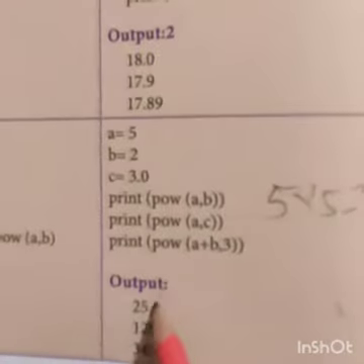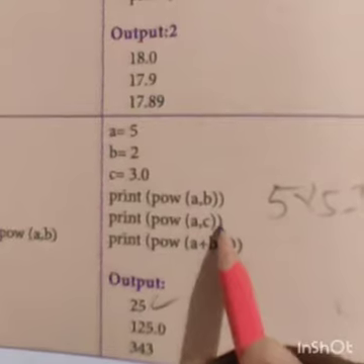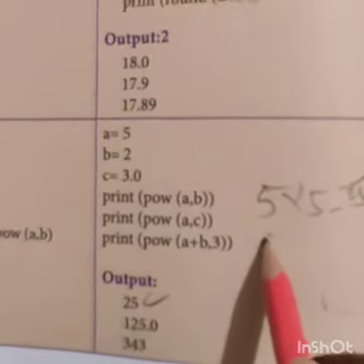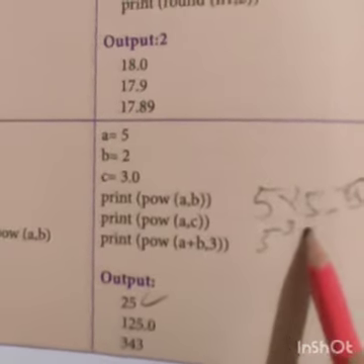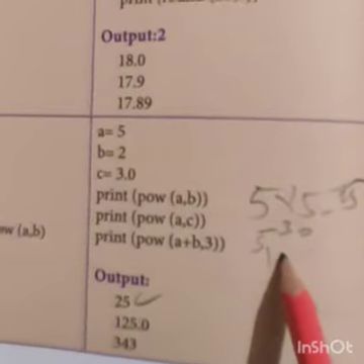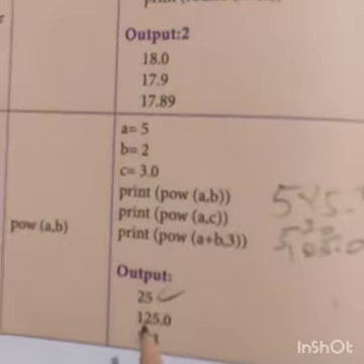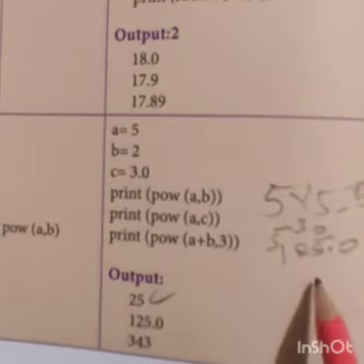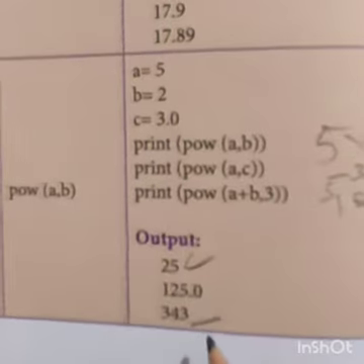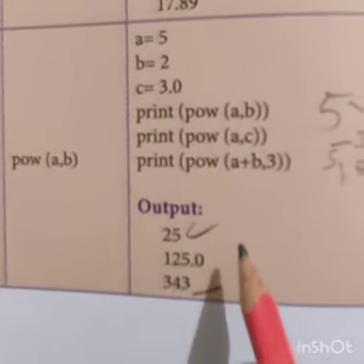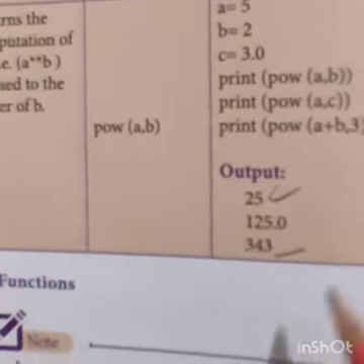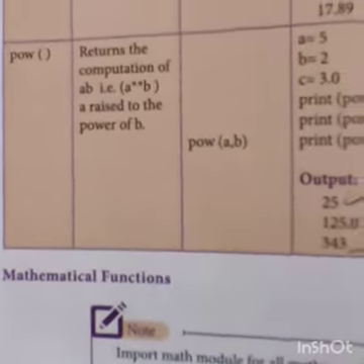So that is the power. a power c, where a is 5 and c is 3.0, that is 3 times, 125.0. So that is power. a plus b comma 3, that number will come: 343. That function is there. So these are all mathematical functions.